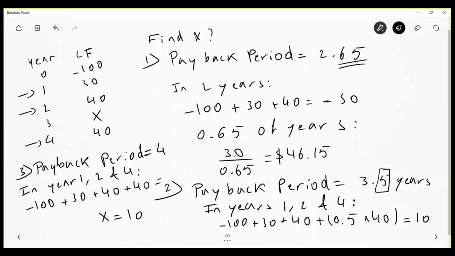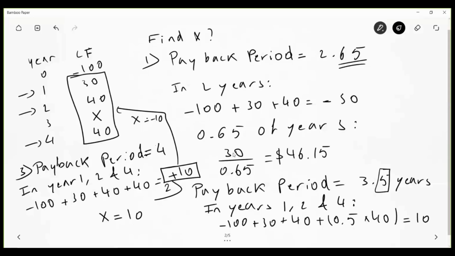So here I have plus 10. This will mean that X should be minus $10. Because if I recover all of my money in exactly 4 years, this means that the sum of those cash flows, 30 plus 40 plus X plus 40, they should be equal to the $100. So if you compute X, it will be minus 10.